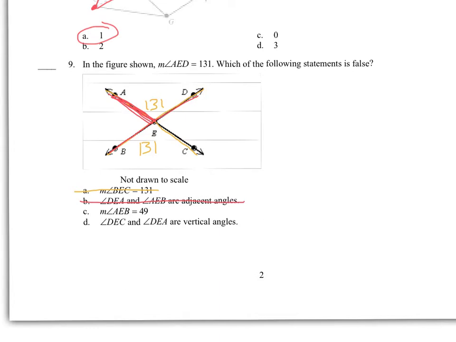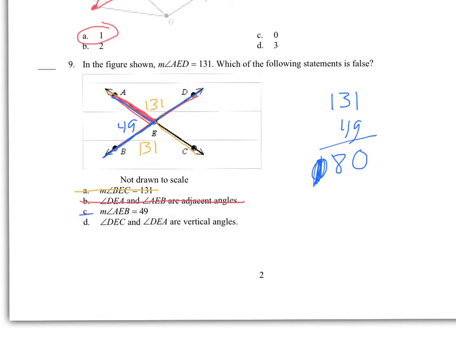AEB is 49. There's AEB, 49. Well, DEC and DEA, 131 plus 49, they should add up to 180 degrees, which they do, because this is a straight angle which measures 180 degrees.